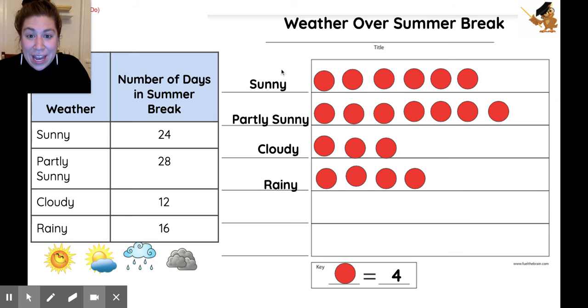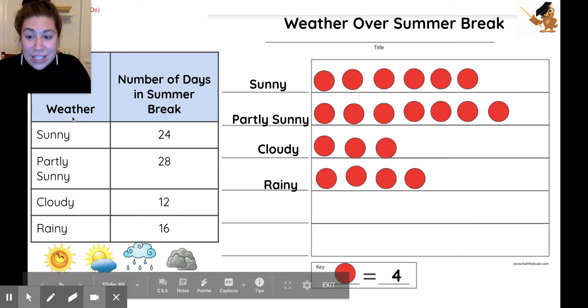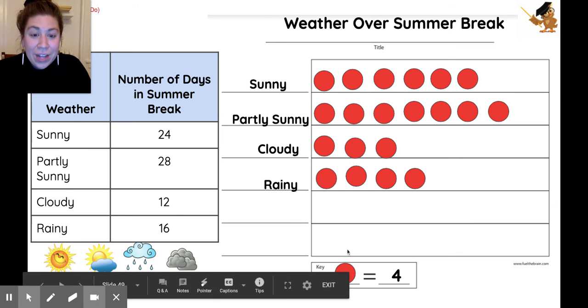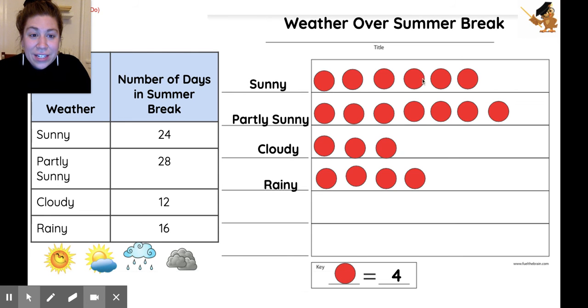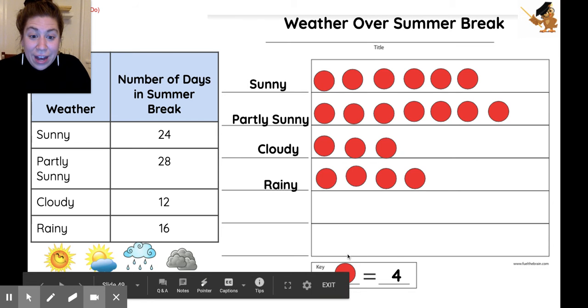So the same variables as here in our table. And our key, instead of each one of these dots symbolizing one day, we could have each of these dots equal 4.